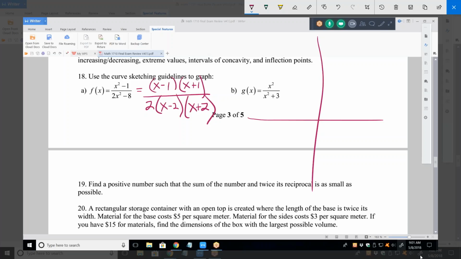Would it be x, or would it be 2 and negative 2? Just whatever makes the denominator 0. It's always your vertical asymptote. That's easy. Horizontal asymptote.